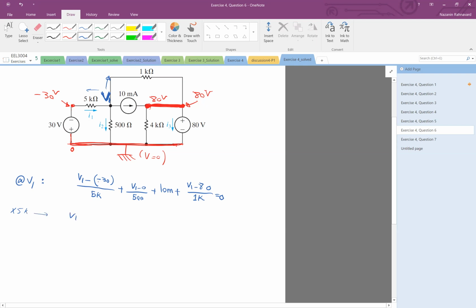So I get V1 plus 30, plus 5,000 over 500, so it gives me 10 V1, plus 5K times 10 milli gives me 50, plus 1K and 5K, 5 V1, and I get the minus 400, equal to 0.